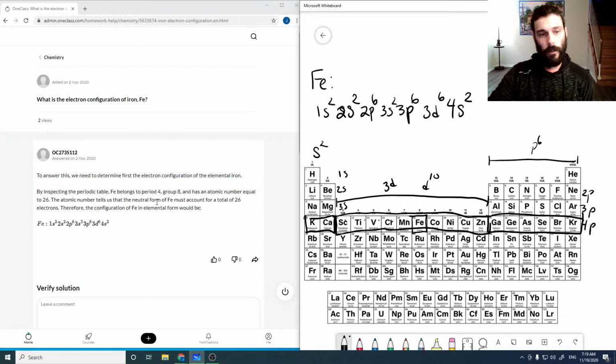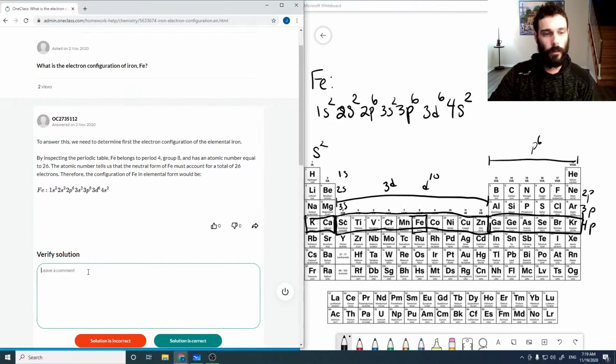And it has to have the correct number of electrons. And so then you get this configuration, which is what we have here. So the solution looks correct to me. And I'm just going to say solution is correct.